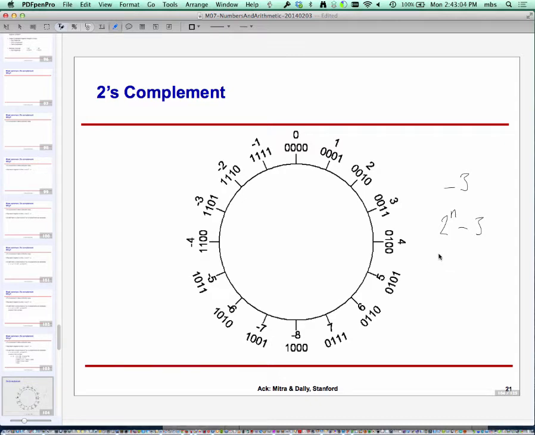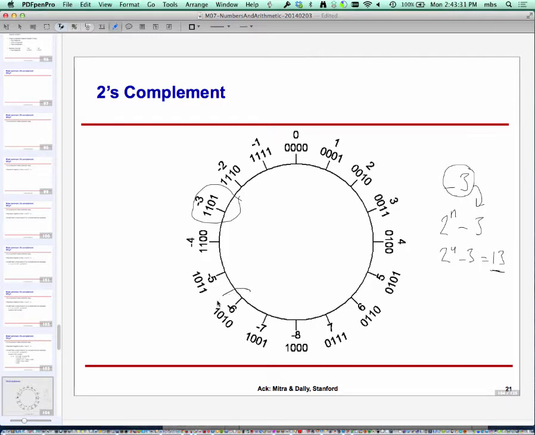And 2 to the power n is 2 to the power 4 in our case. 2 to the power 4 minus 3 is equal to 13. So what we are saying is, if I want to represent -3, I'm first going to add 2 to the power 4 to it. Whatever positive number I get, its 4-bit representation is what -3 is going to be represented as out here. And you can check it for others also.